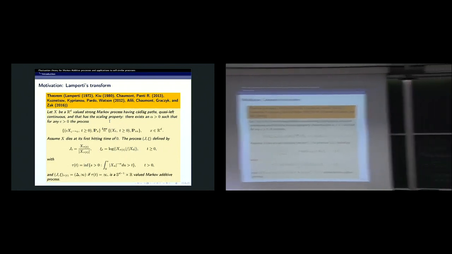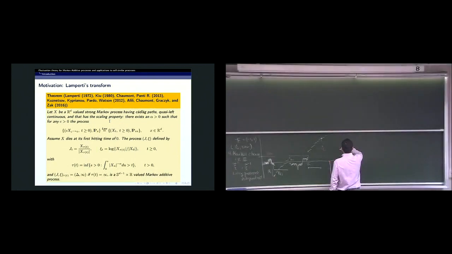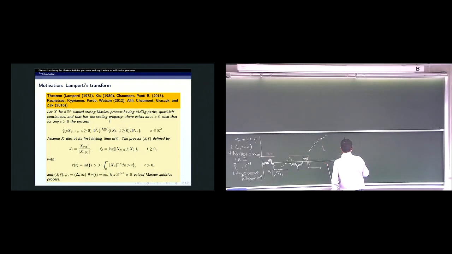If you remember the proof of something that I did yesterday, for X a positive self-similar Markov process, we show that psi t, defined by log of X of b t divided by x0, does not depend on x0.